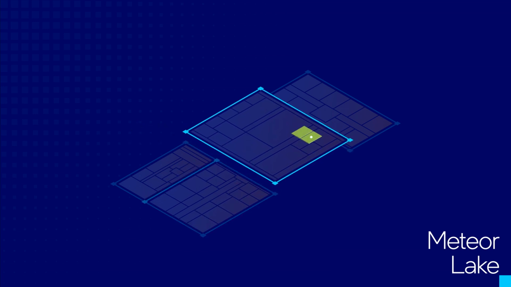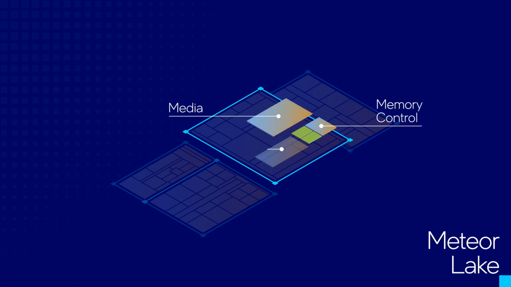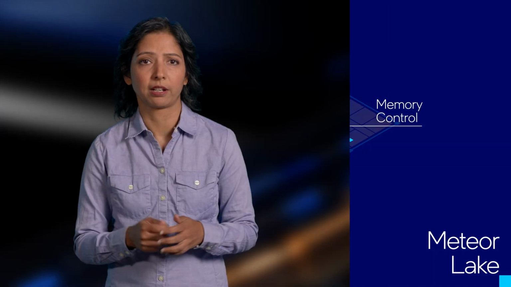Next, we added low power island that includes set of low power E-cores directly into SoC tile. Partitioning these low power E-cores and functions such as memory control, media, NPU away from compute tile lets them run much more efficiently under separate power rail.